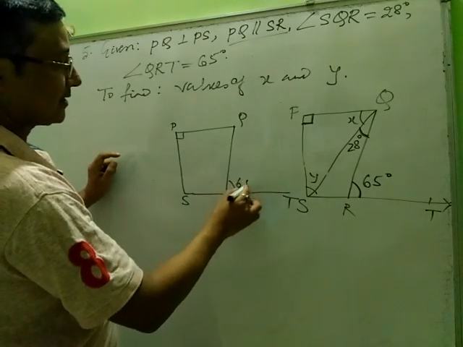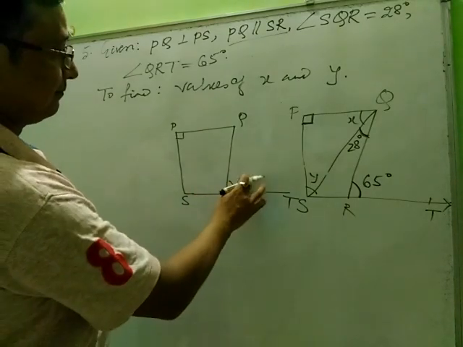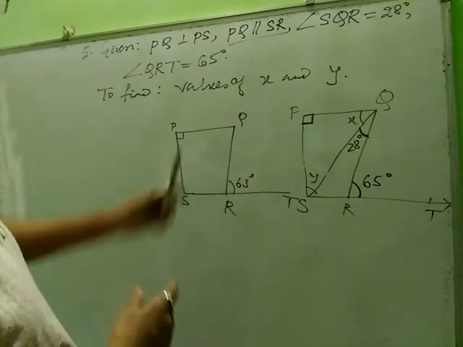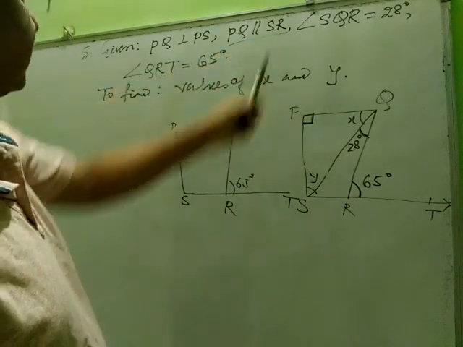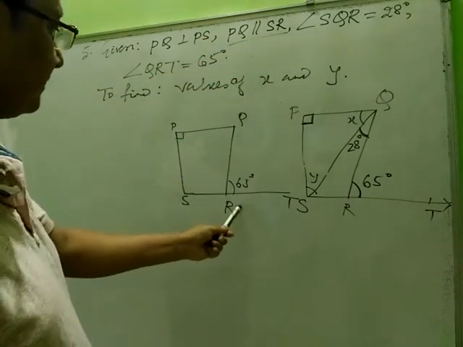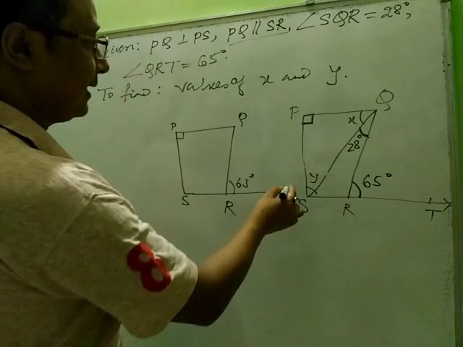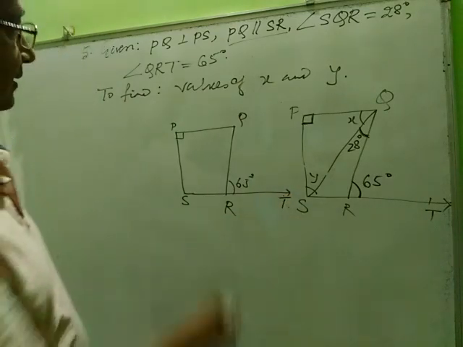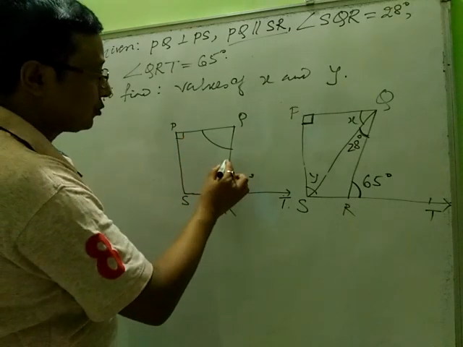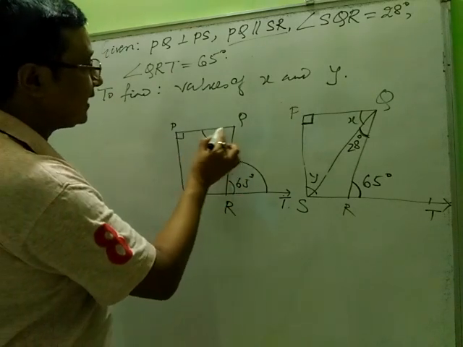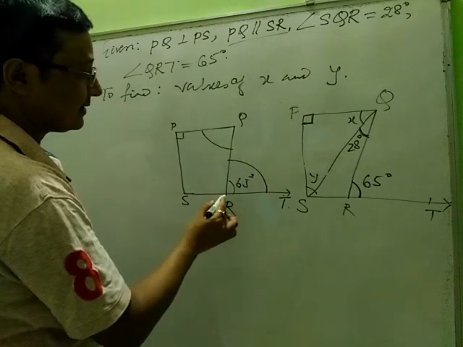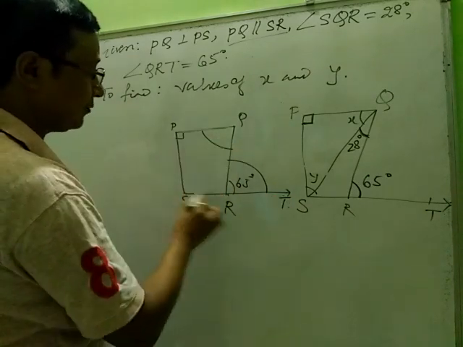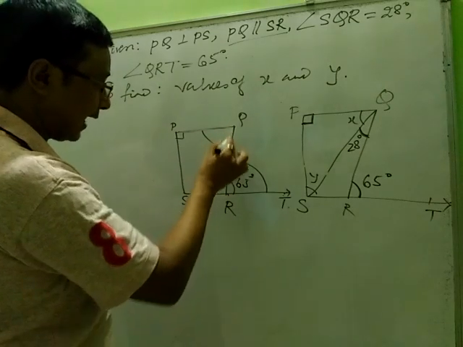Here it is given 65 degrees. As the line PQ is parallel to SR, that means parallel to ST. So this angle equals this angle, because this line is parallel to the line ST, or SR produced to T, intersected by the line QR.